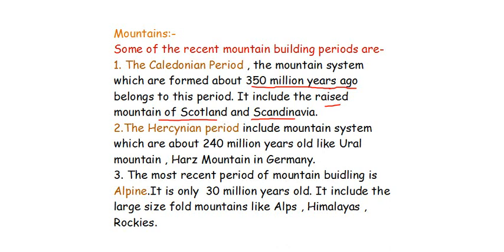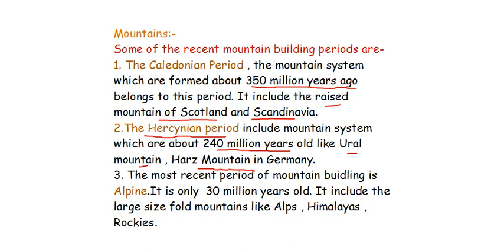The second period is called the Hercynian period. It includes the mountain systems which are about 240 million years old, like Ural Mountain, Harz Mountain in Germany.